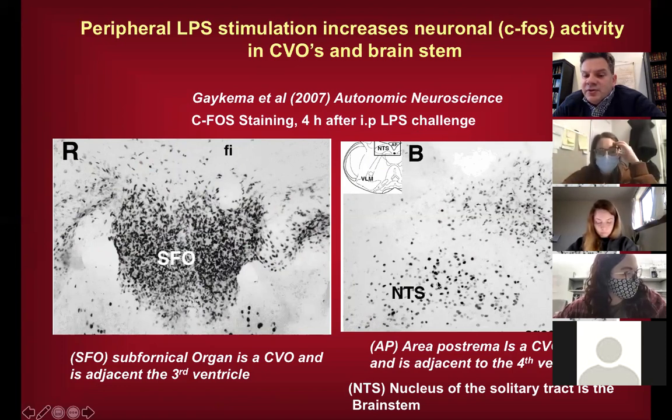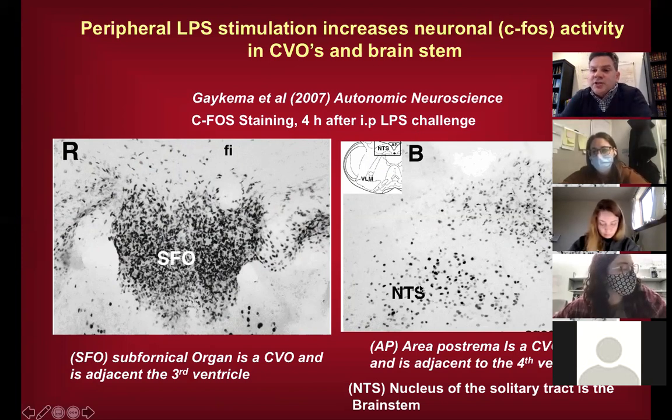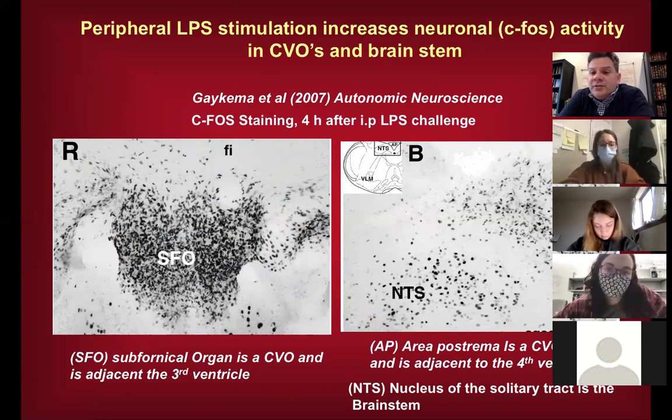You also see it in other areas. The NTS is part of the brainstem. So any infection is going to be picked up by the vagus nerve system and transmitted, with very quick neuronal activation, which is likely where you're getting the change in body temperature and probably some of the initial behavioral responses.